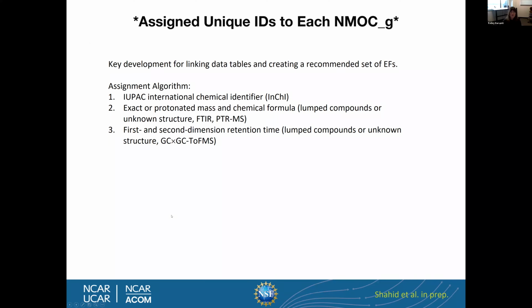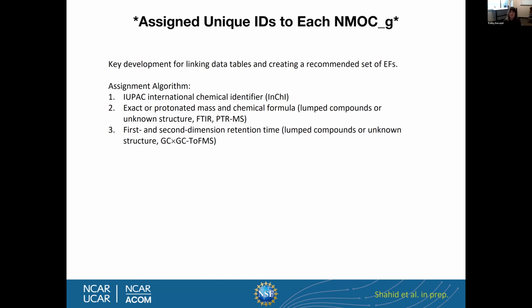Okay, so one of the critical development pieces here was assigning unique IDs to each non-methane organic compound or group of compounds. This, when I mentioned earlier, this idea of disparate data sets, right? So one of the problems is that, for anyone that's worked with organic compounds, we all have our own names for them.